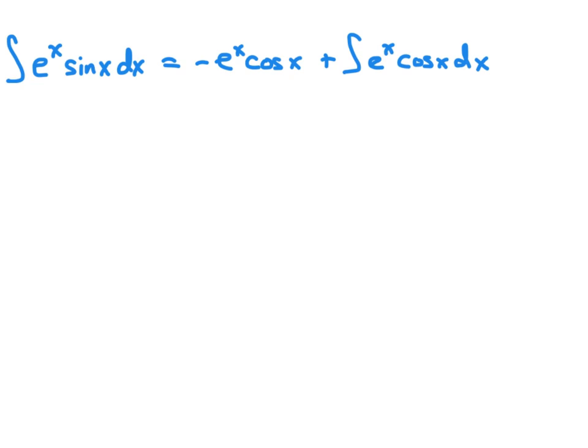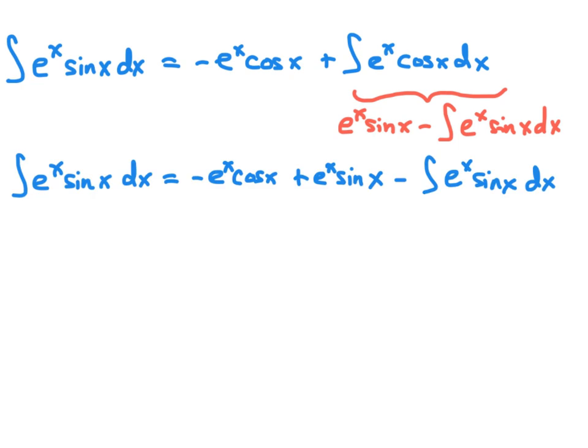To see how we do this, we start with the initial equation that we found by applying integration by parts to the original integral the first time. That is that the integral of e to the x sine x dx is equal to negative e to the x cosine x plus the integral of e to the x cosine x dx, and then replacing the integral of e to the x cosine x dx with the expression that we found in the second step of integration by parts, namely e to the x sine x minus the integral of e to the x sine x dx.